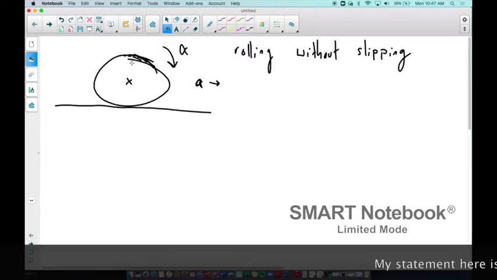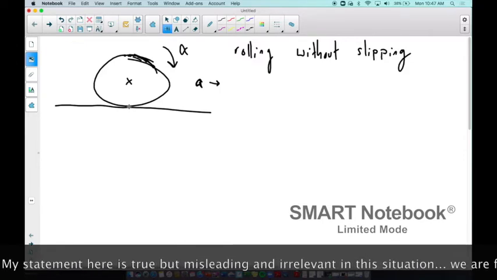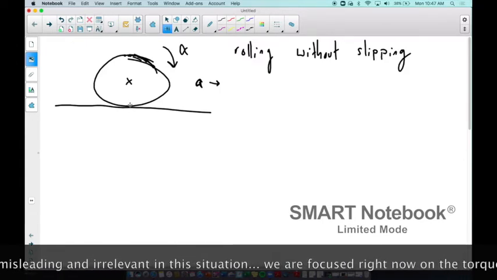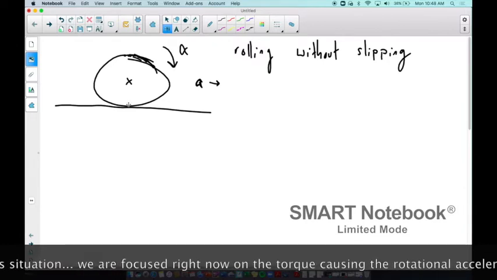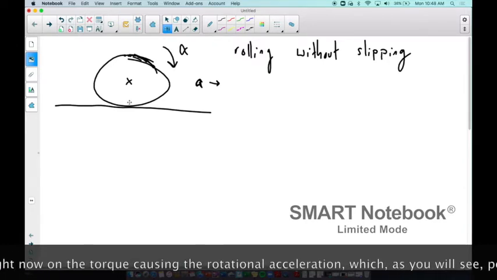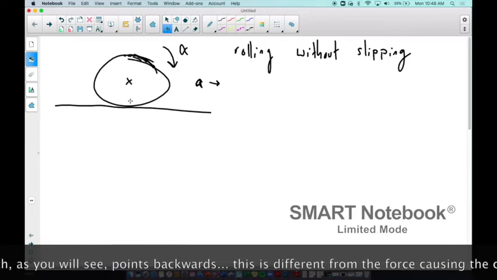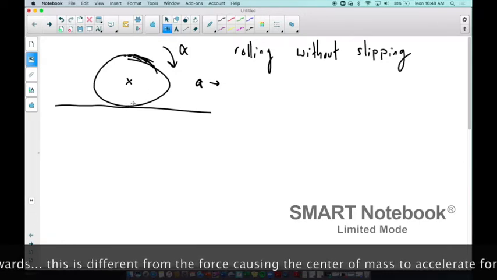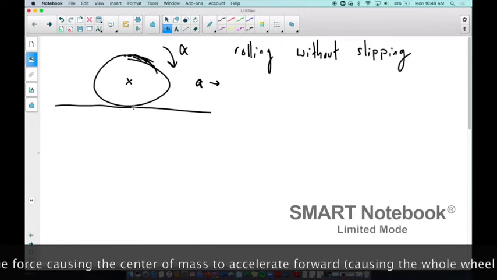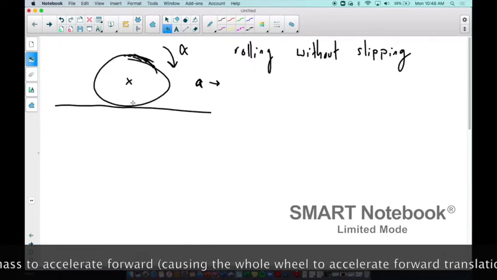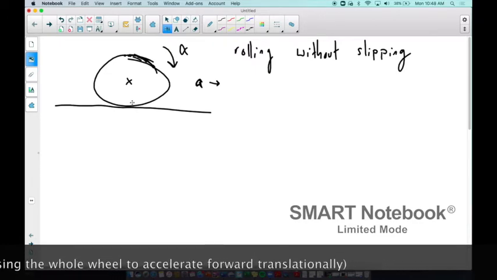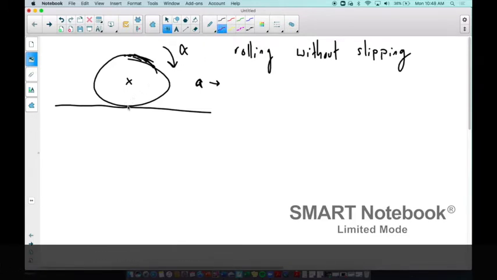Well, as this thing pushes against the ground down here, the ground also pushes back against it. So I have these frictional interactions, these pushing frictional interactions between the wheel and the ground. So if I want to try to draw the force that's responsible for the torque, I'm going to draw it right here.